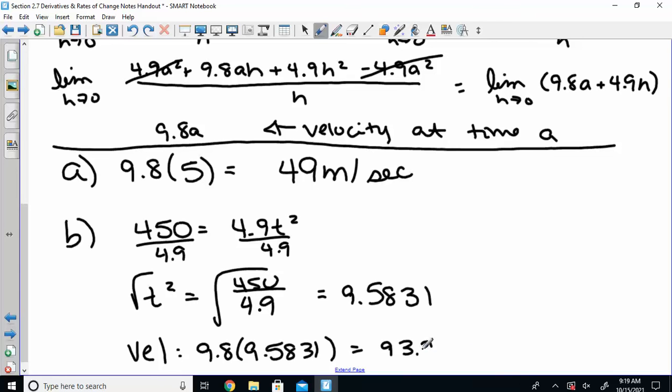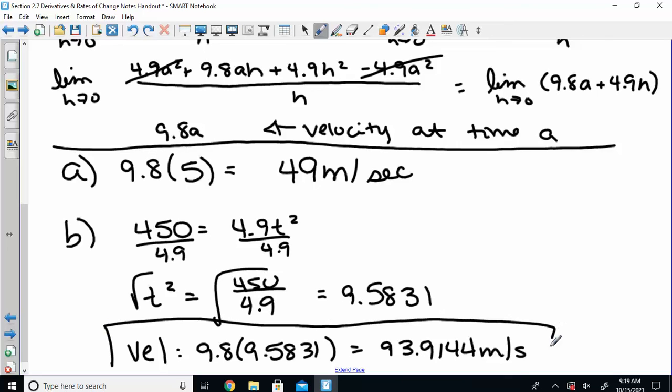And we get 93.9144 meters per second. So because I knew I was calculating two velocities, that's why I didn't plug in my time until later. And that just saved me a little work along the way. Alright. Questions so far?